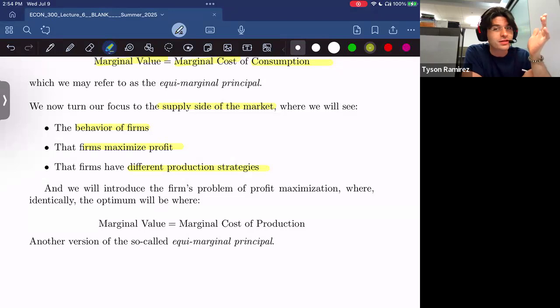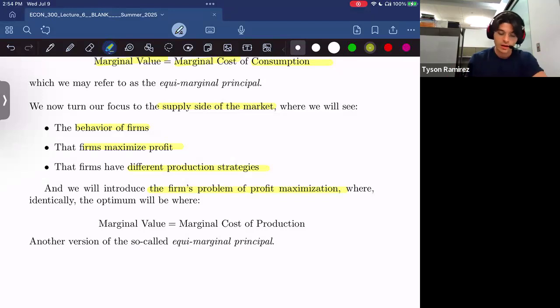We give thought to our decisions, but do we consider calculus-esque computations to make every decision? Debatable. But a firm does care about being very precise about how much money is coming in and how much money is going out. We don't want to be in the red. If you're a business owner and you're burning cash, this is not good. So chances are you are going to be precise there. So maybe this stuff is even more believable. We're going to be looking at the firm's problem of profit maximization.